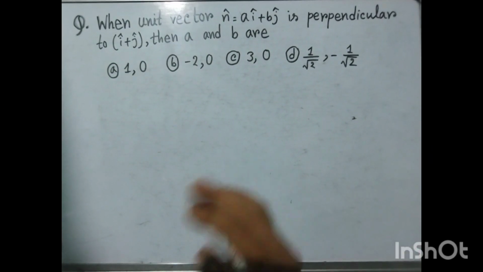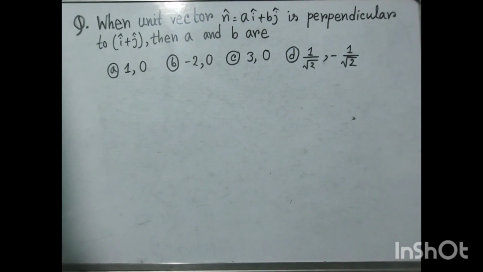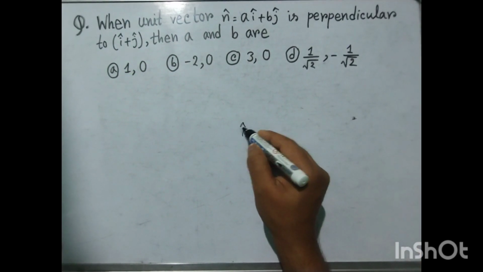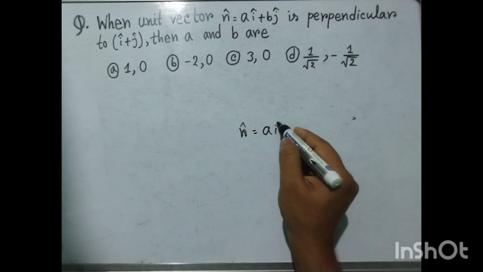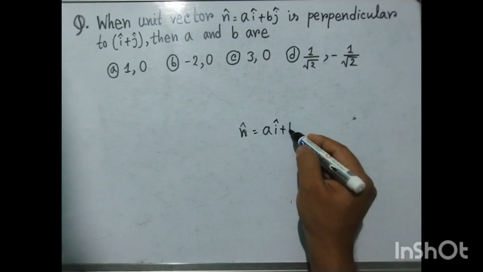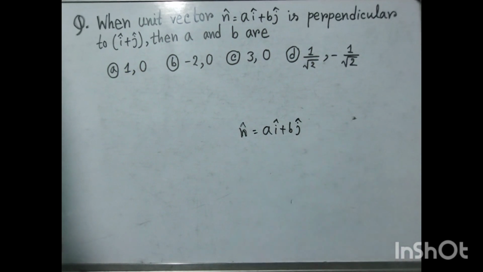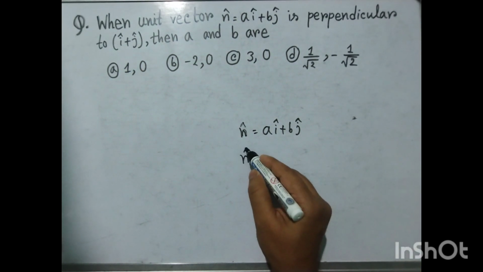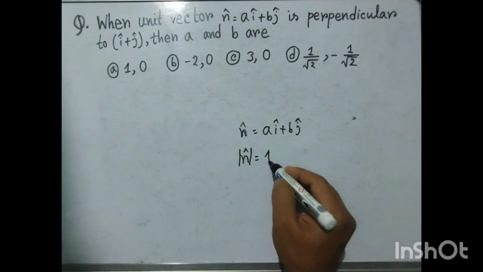Okay, what is this question saying? This question is saying n cap, which is a i cap plus b j cap, is a unit vector. Unit vector means magnitude of this vector must be 1.